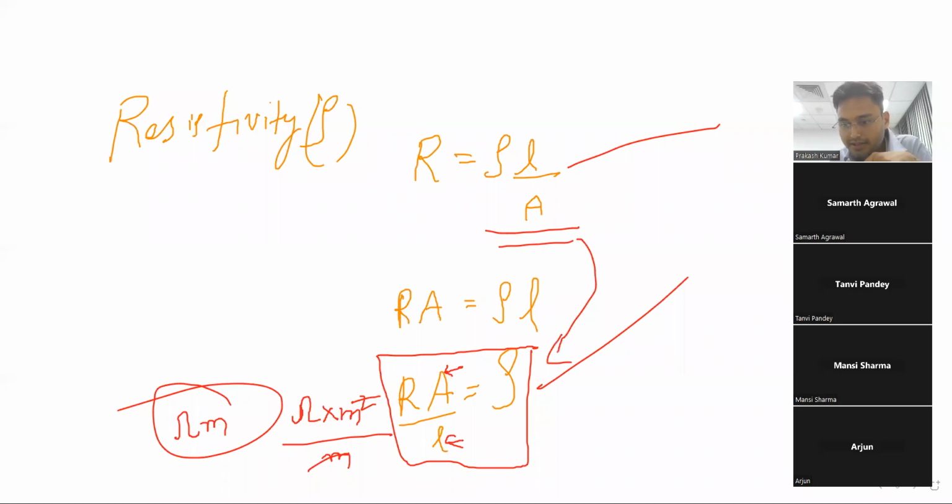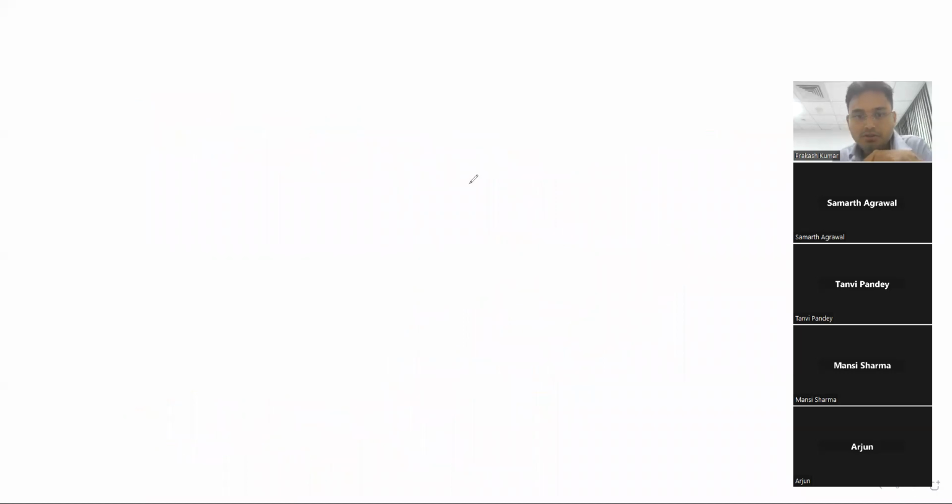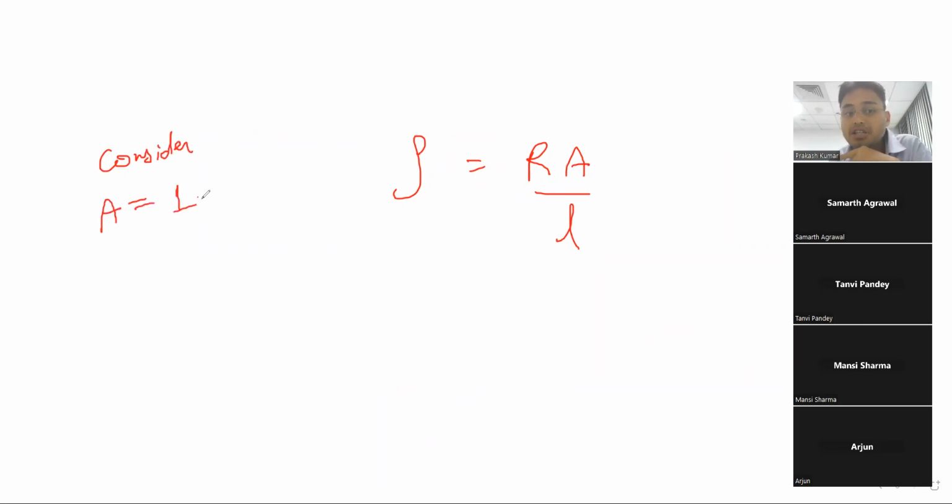So now write rho equals RA by L. And now consider a cross-section area of 1 meter square, and I'm taking the length as 1 meter.